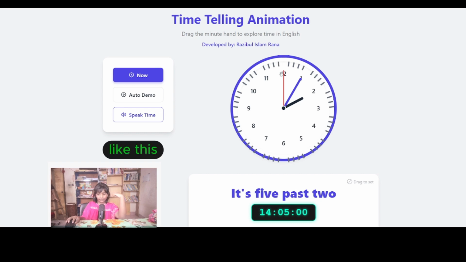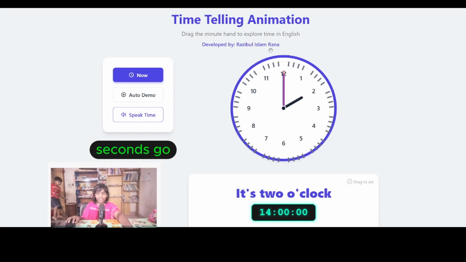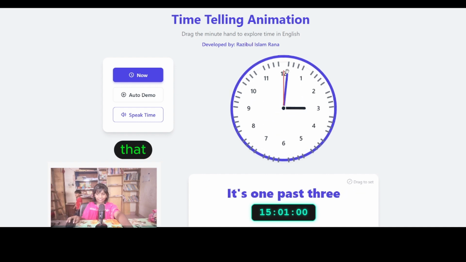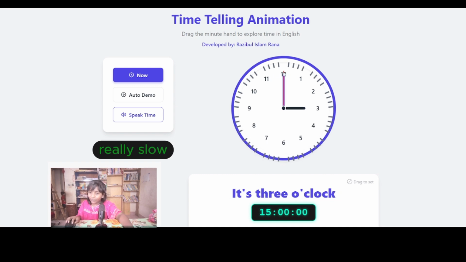Seconds go really fast, like this, and minutes go quite faster than the hour, like that. And hours go really slow.